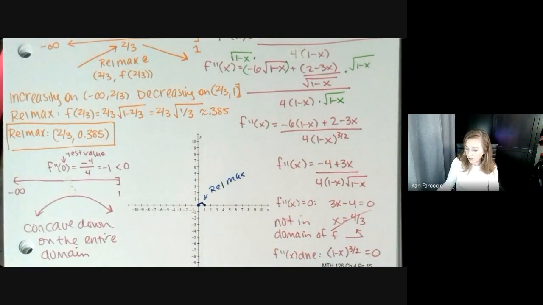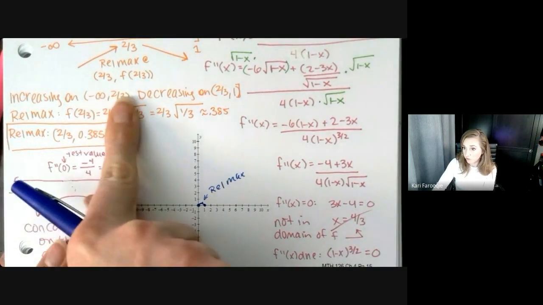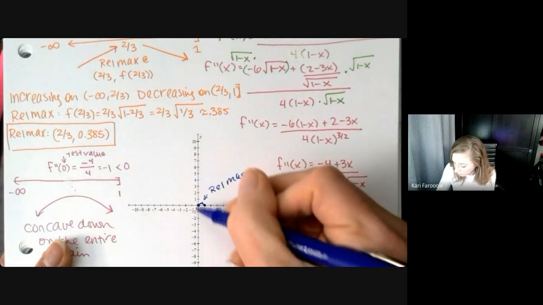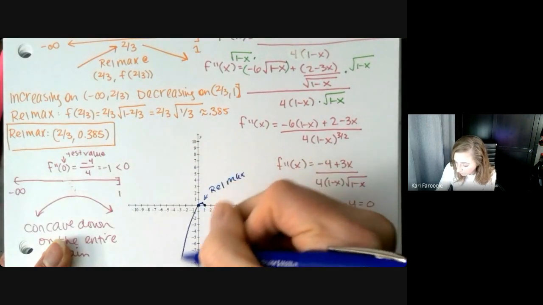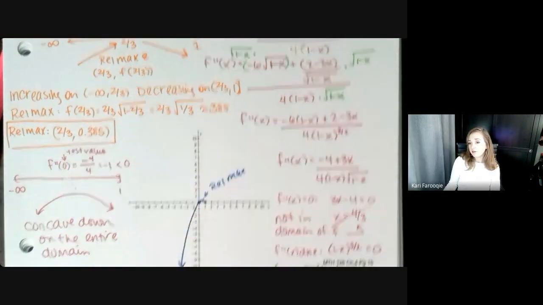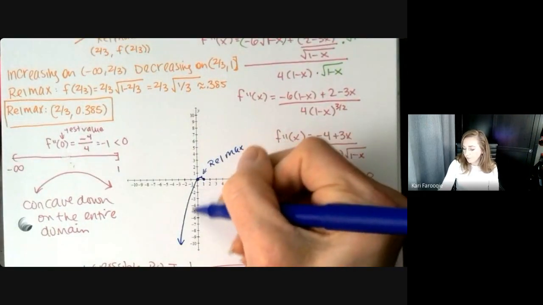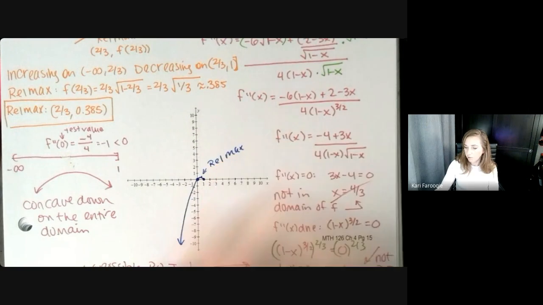And then you know from negative infinity all the way up to 2/3, the function's increasing. So it has to be coming up from, I don't know, from negative infinity. Now, I'm guessing here, it's probably actually even supposed to be more narrow. I sort of made it pop out a little bit more, but this is what the graph is doing.